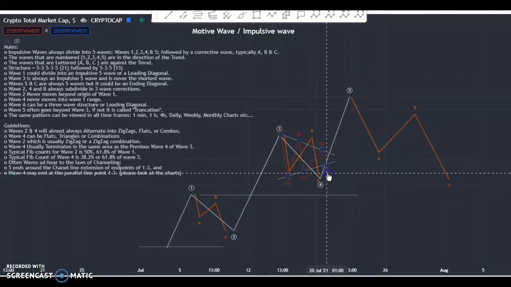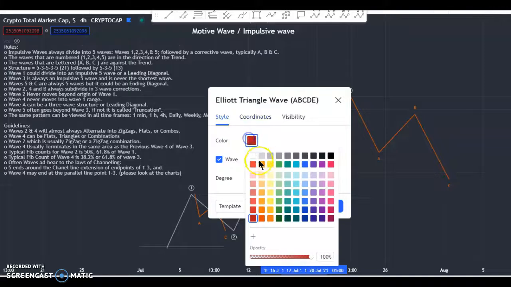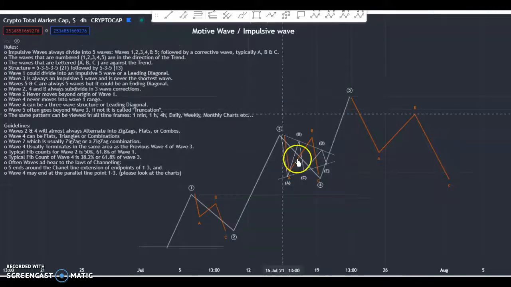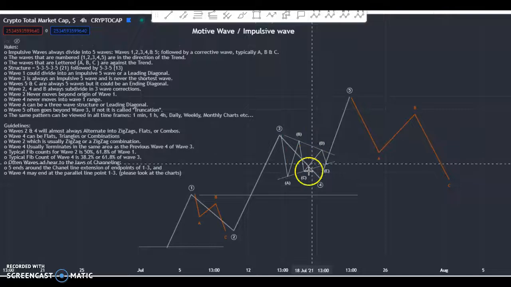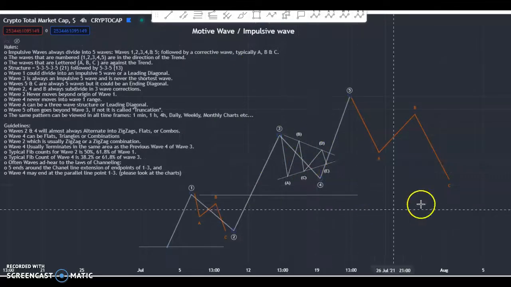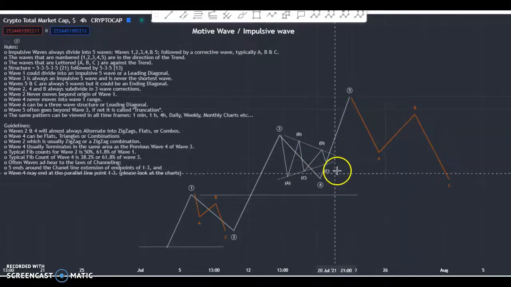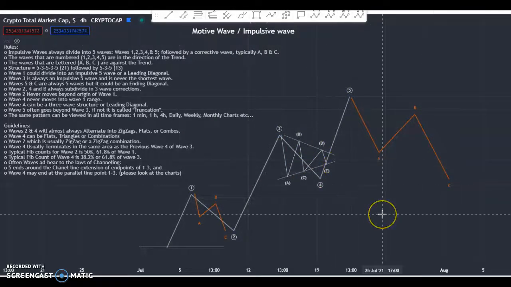So instead of a flat, let me get rid of that. Could be a triangle, which is A, B, C, D, E, which is 5-wave structures, and then your 4 will be up here. So that's your finish of your wave 4.